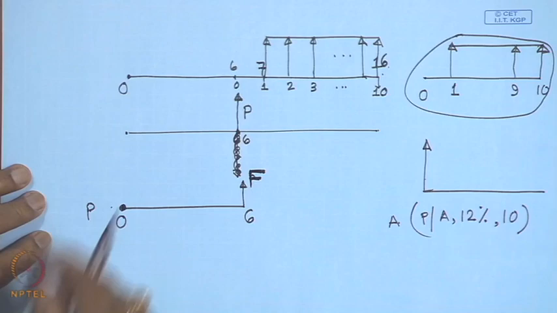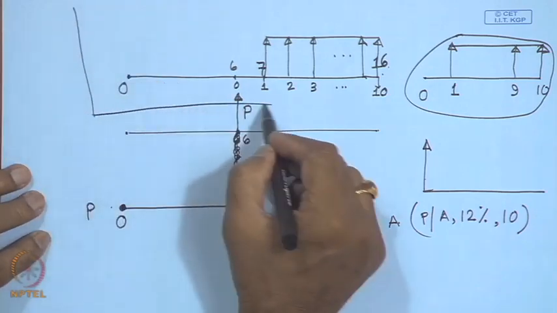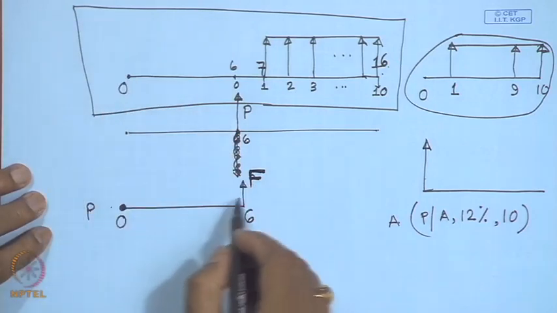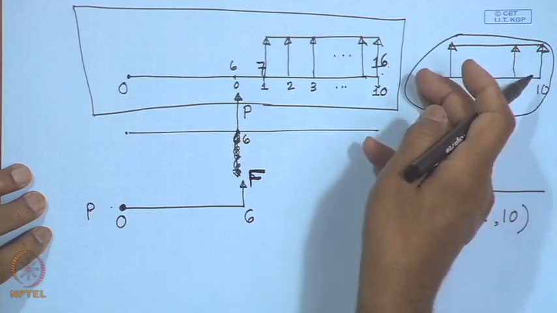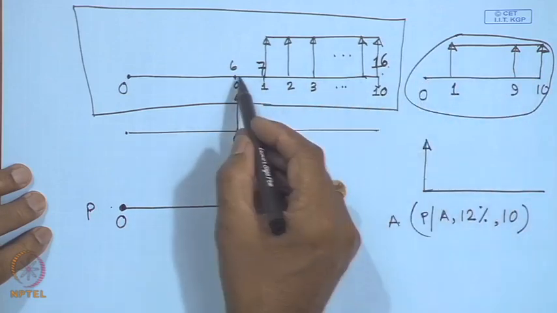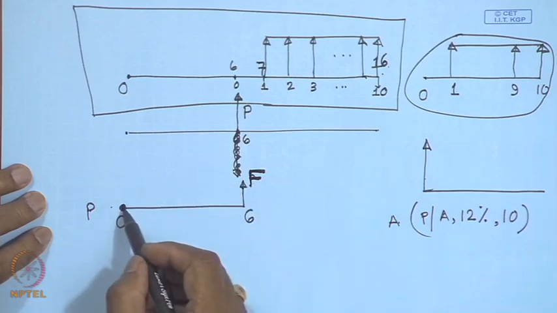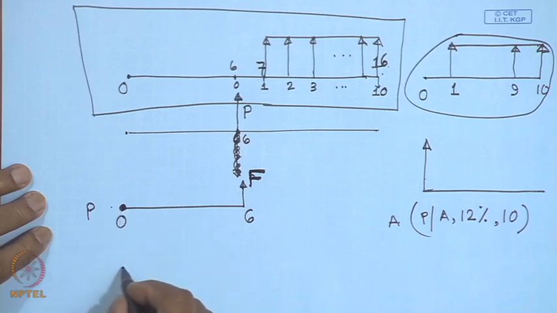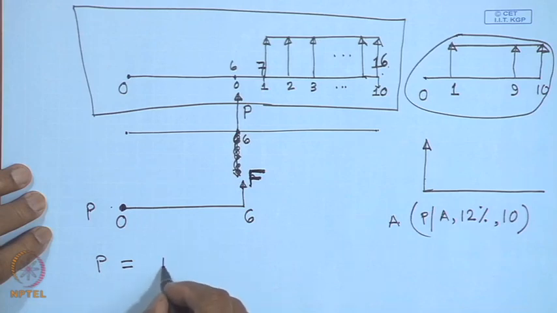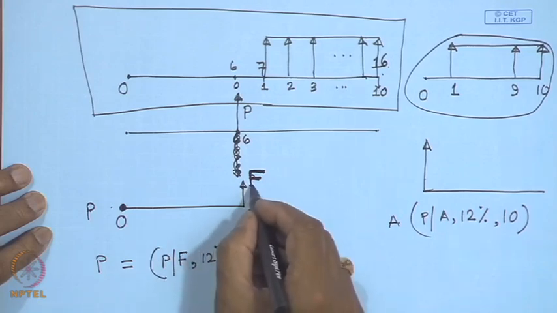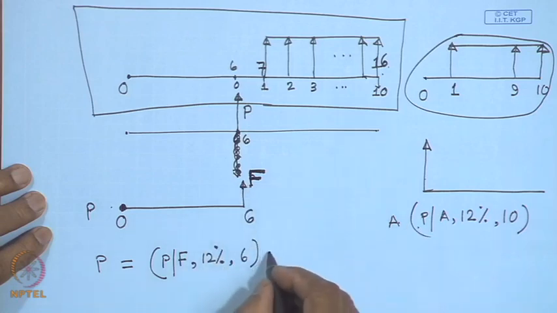Thus, the present worth of this particular series of receipts will be given by, first of all, discounting this to this point, treating this as the final sum and discounting once again to the present. So, this P will be equal to P given F, 12%, 6, multiplied by F, and F is nothing but equal to this.